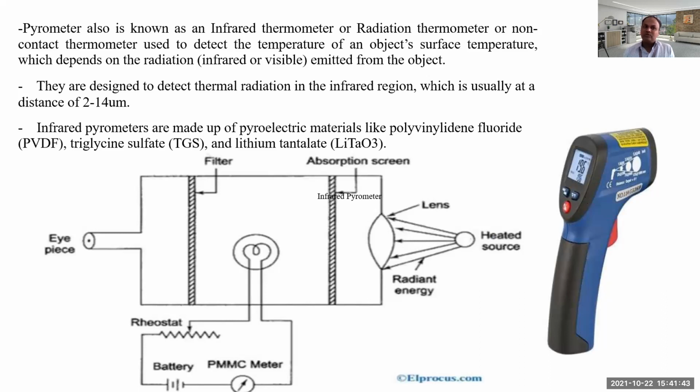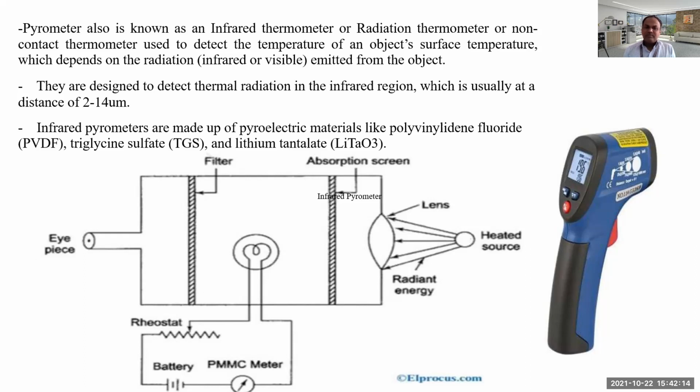So this is called a non-contact type of thermometer, used to detect the object's surface temperature, which depends on the radiation emitted from the object. They are designed to detect thermal radiation in the infrared region, which is usually at a distance of 2 to 14 micrometer. So it is around 2 centimeter to 14 centimeters distance.